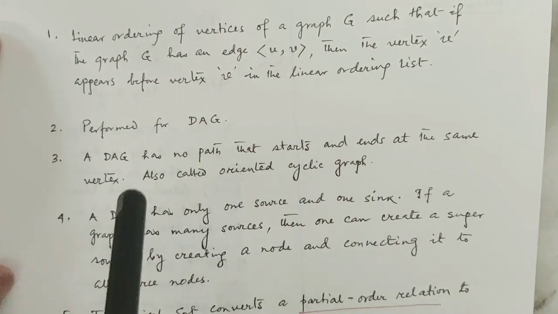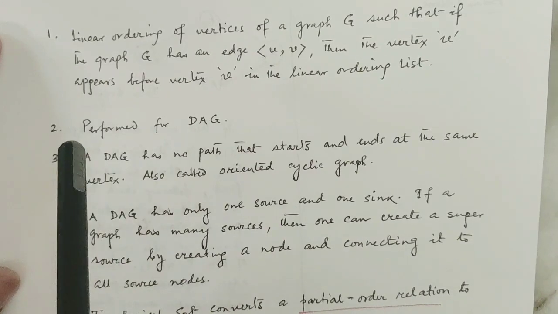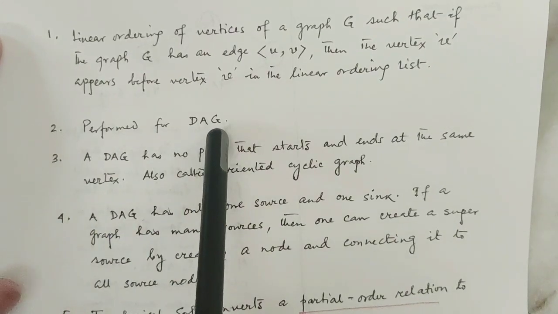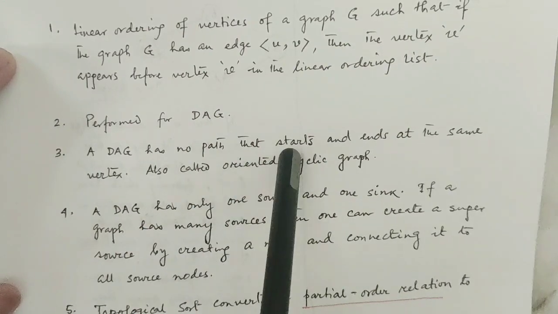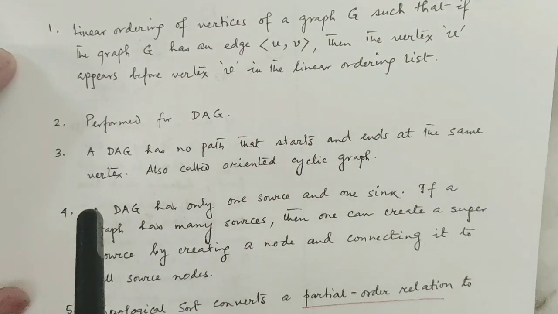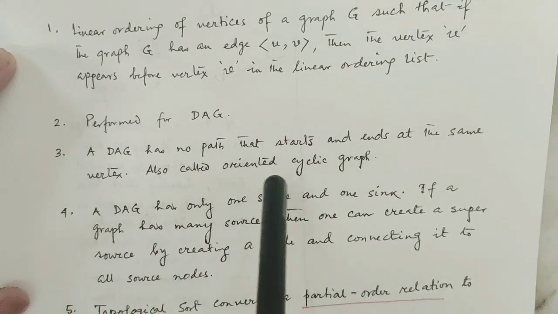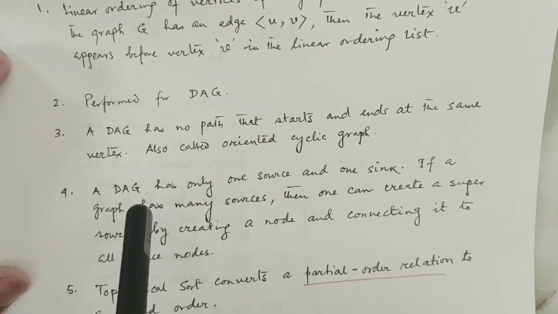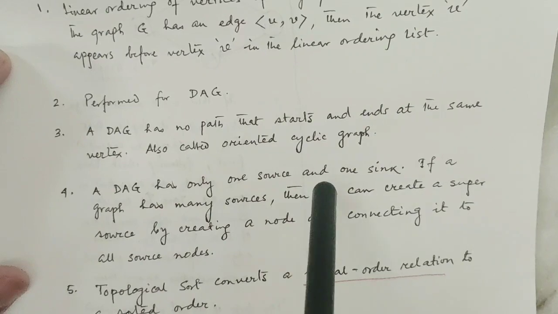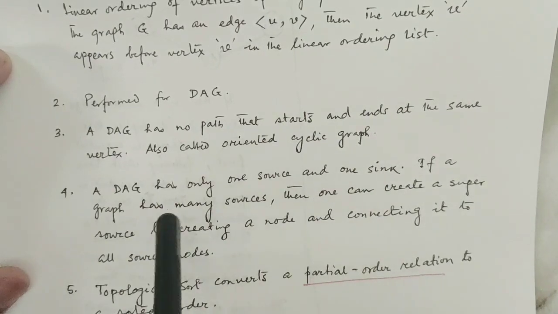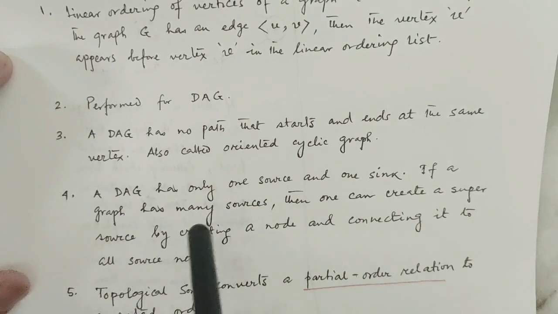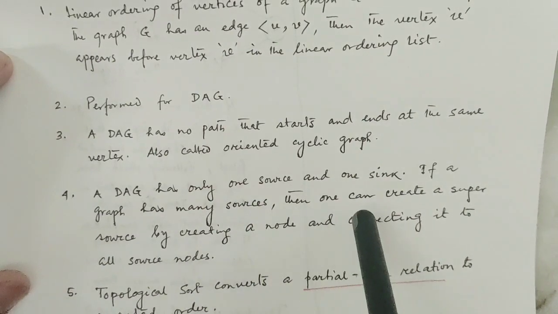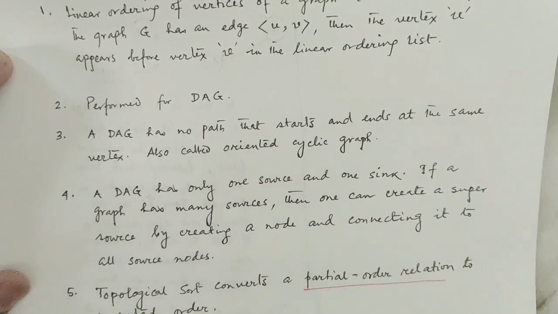I mentioned that it is usually performed for a directed acyclic graph. A DAG has no path that starts and ends at the same vertex, and it is also called an oriented acyclic graph. A DAG has only one source and one sink. If a graph has many sources, then one can create a super source by creating a node and connecting it to all source nodes. Okay, fine.